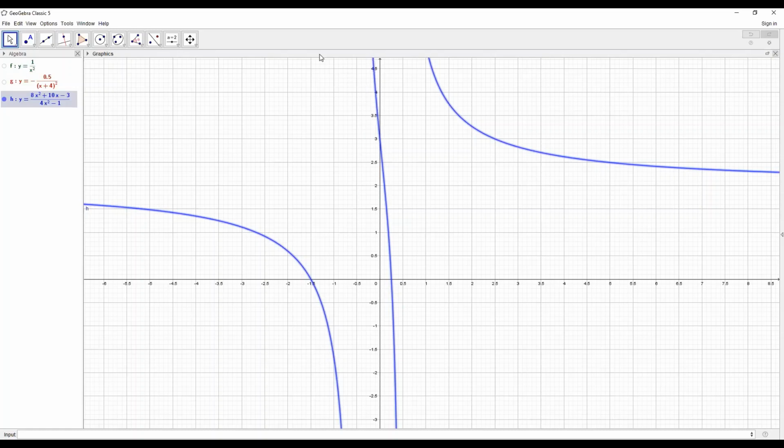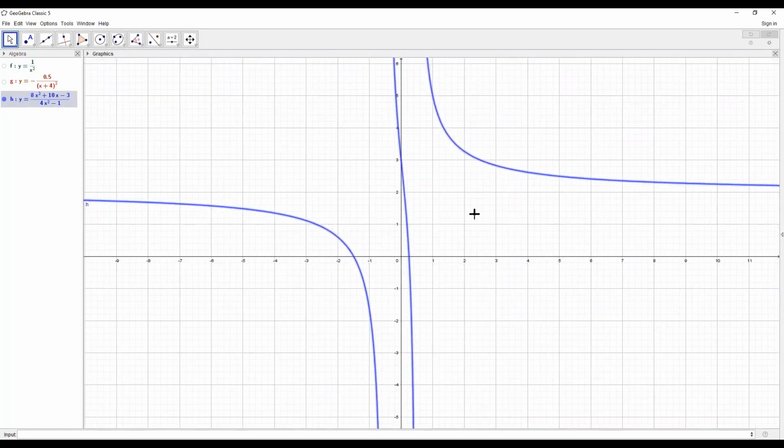As a function, it can't fail the vertical line test, period. So it could be a polynomial, maybe, except I don't know how it would get, yeah, it would have to go backwards on itself here, kind of to get there. So it can't be a polynomial, not if it's a function, and it definitely is a function.